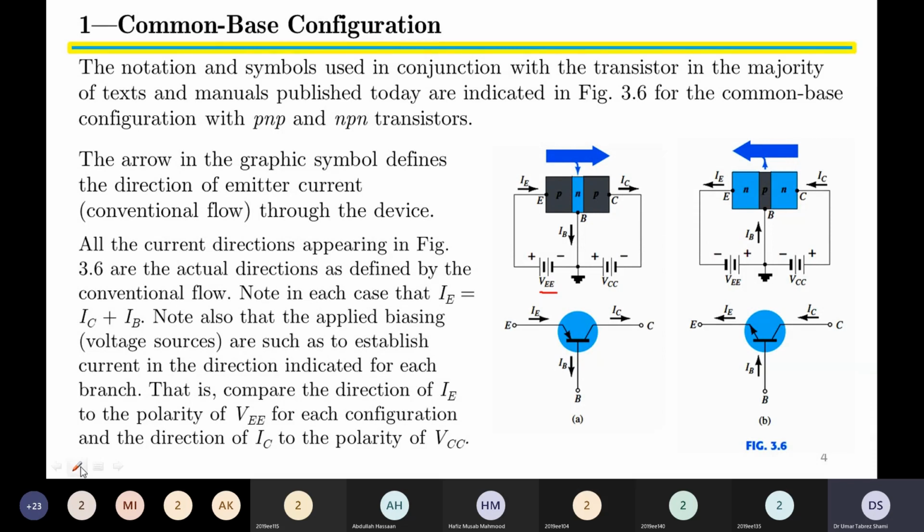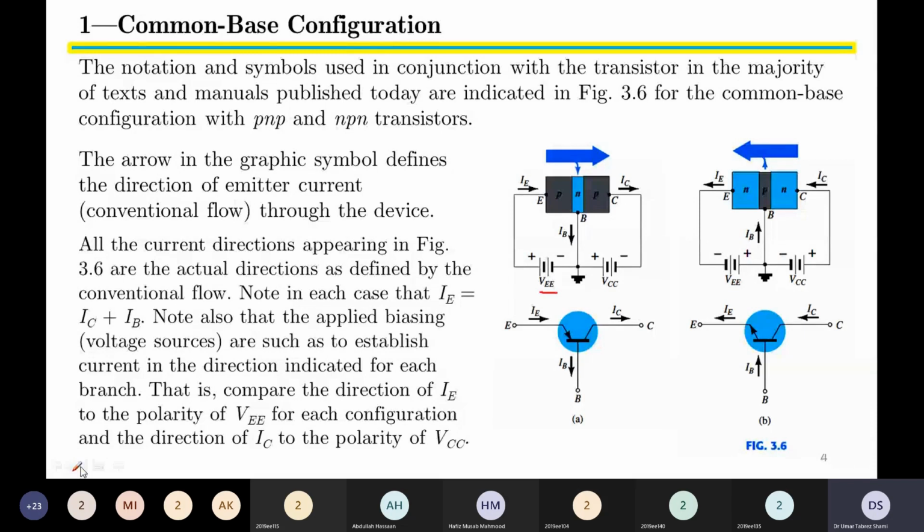We have to meet this important criteria so that we can get transistor operation. And what is this criteria? That we have to always forward bias base emitter and we have to always reverse bias base collector.